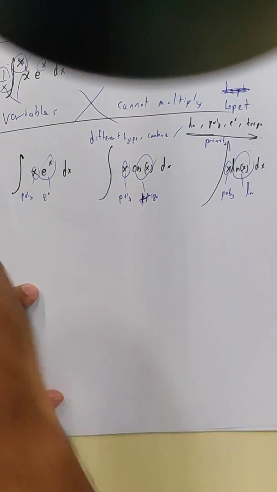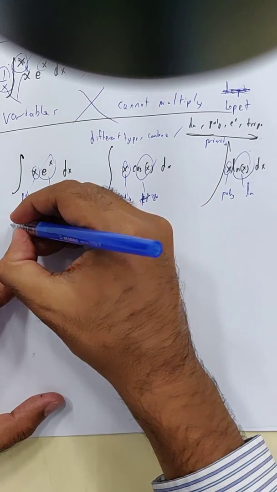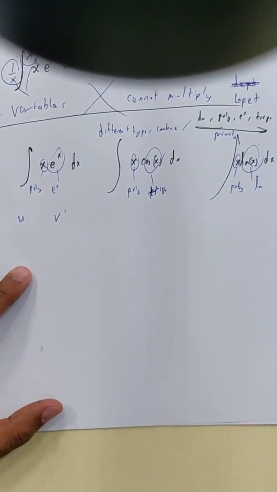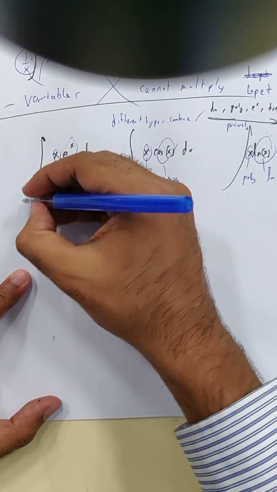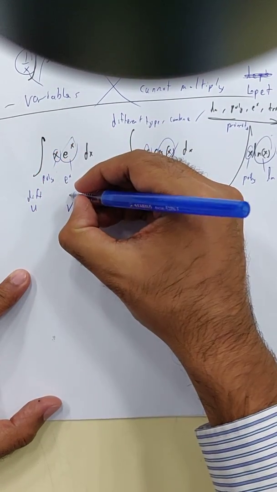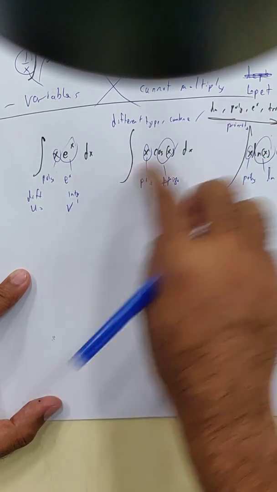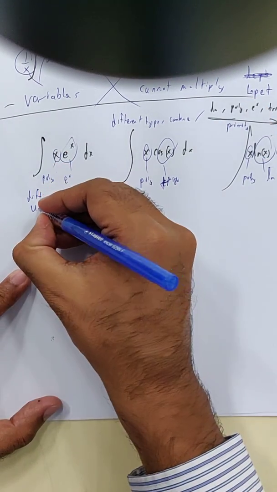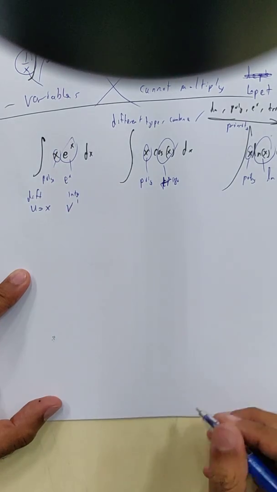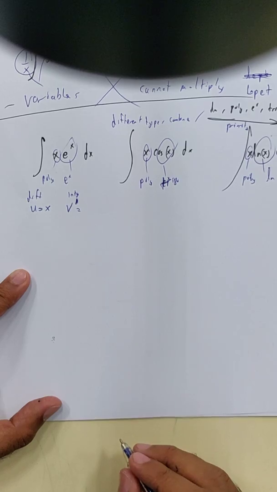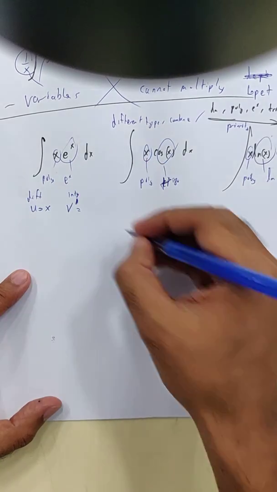Okay, so based on the priority, you need to differentiate, another one you need to integrate. So the first priority goes to poly. What's your poly there? X. So the next one you need to integrate. What do you need to integrate?